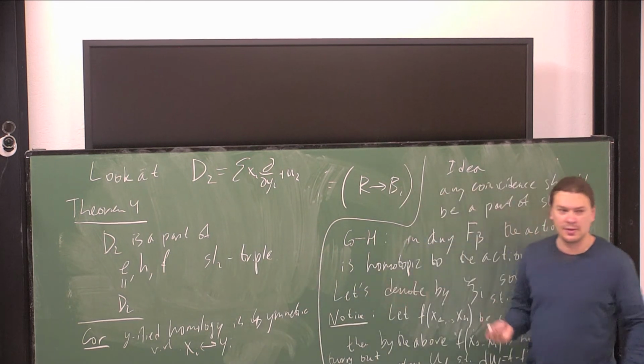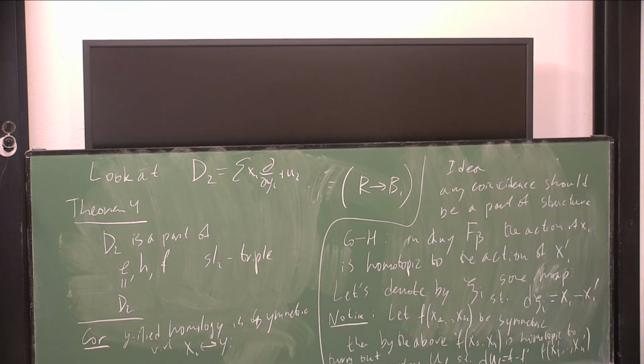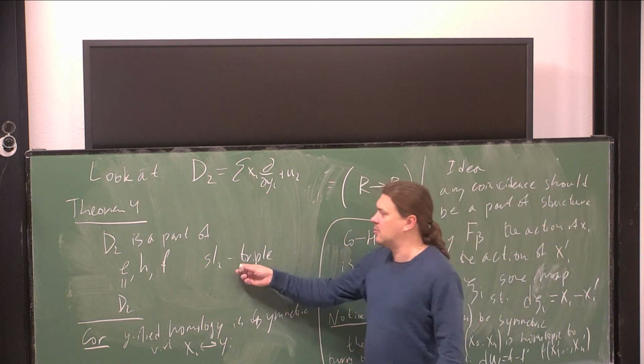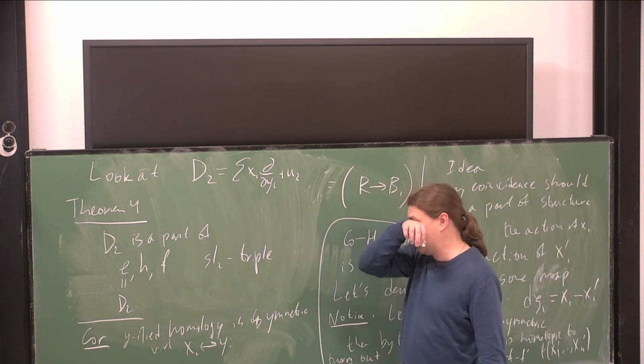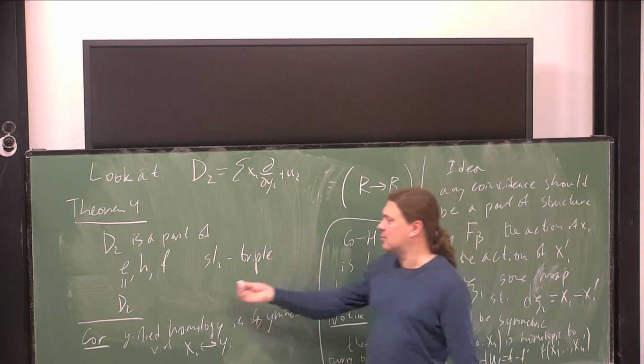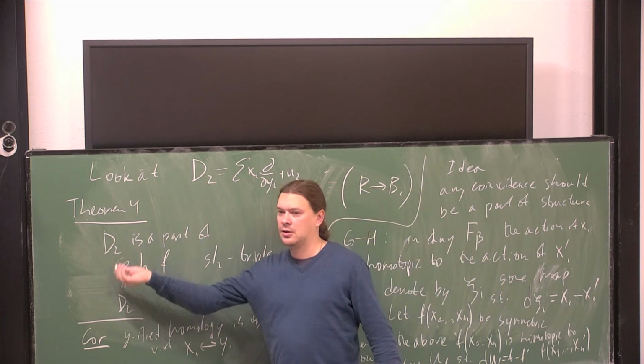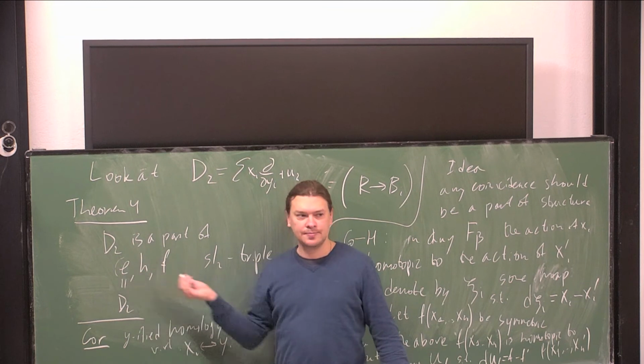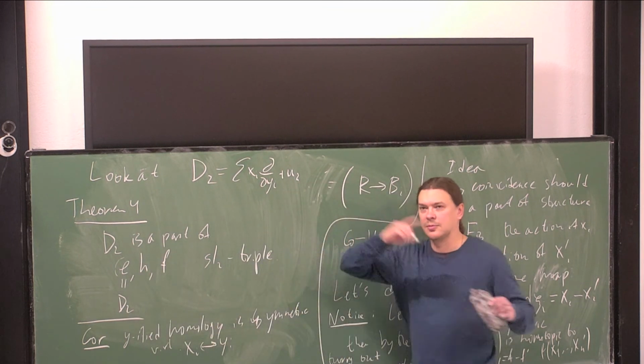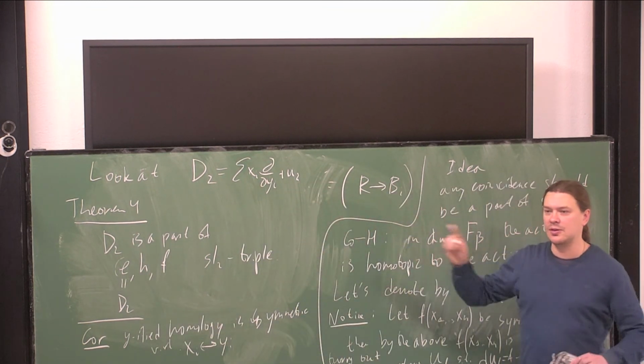So there is an involution. The proof here goes by using Lefschetz theory. There is a criterion for when an operator E is a part of an SL2 triple. It has to do with some isomorphisms between degrees.